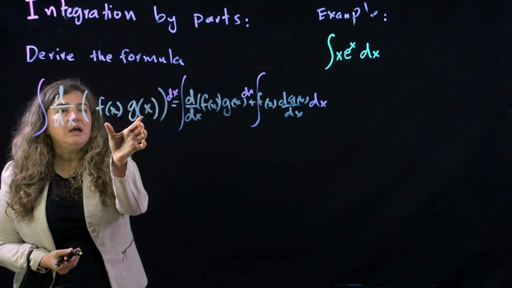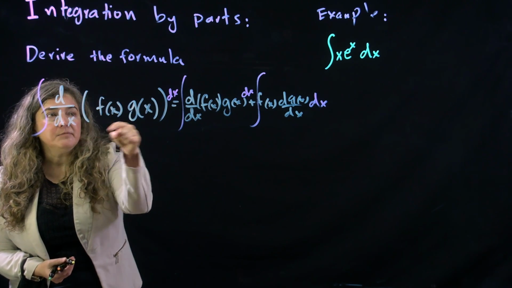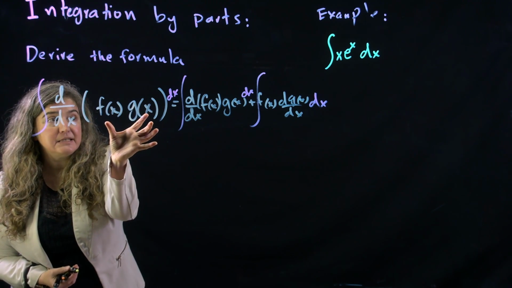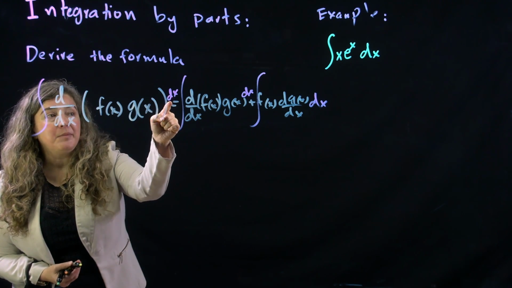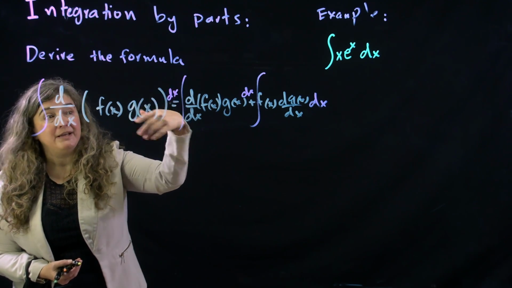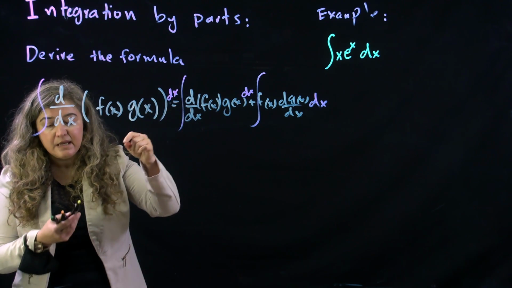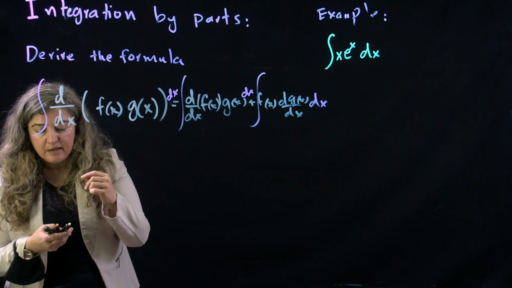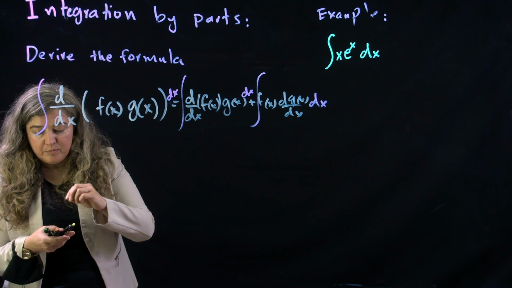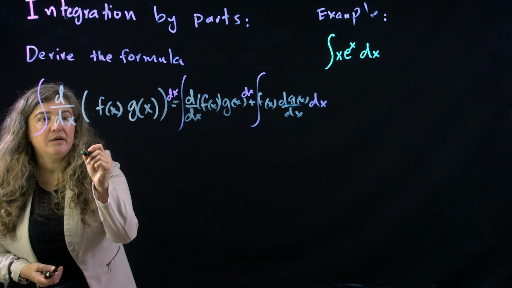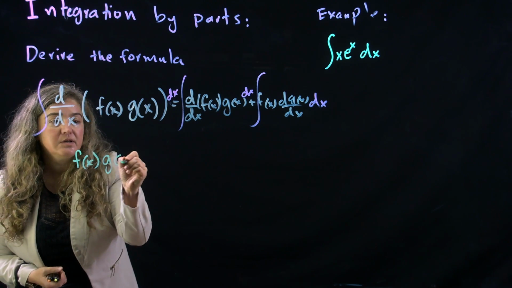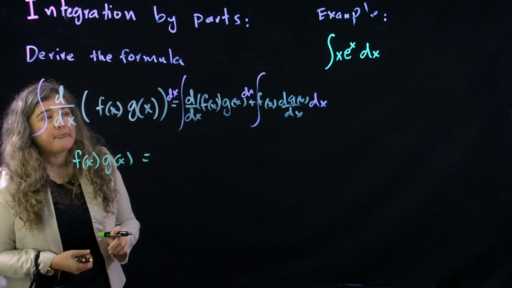So I'm basically anti-deriving the entire product rule. Because it's the derivative with respect to x of this entire thing, and I'm finding the antiderivative with respect to x, I can write one antiderivative in there, and that would be f of x times g of x.